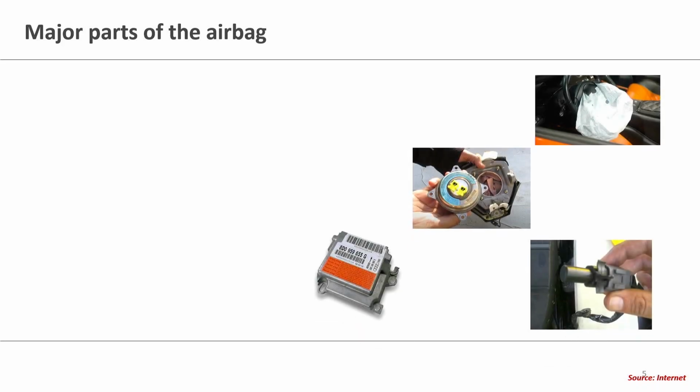So, let us try to understand the major parts of the airbag. These are the different parts. First is the cushion, the flexible fabric bag, then the inflation mold.